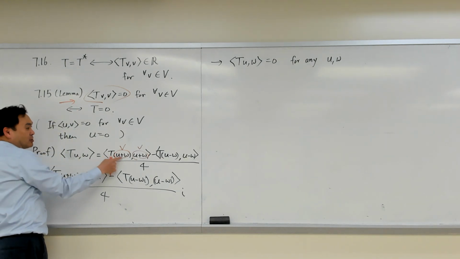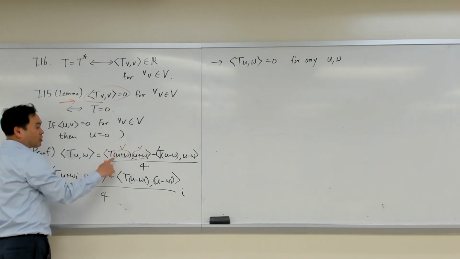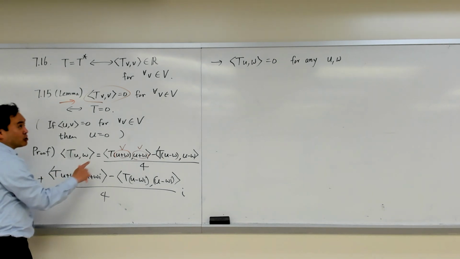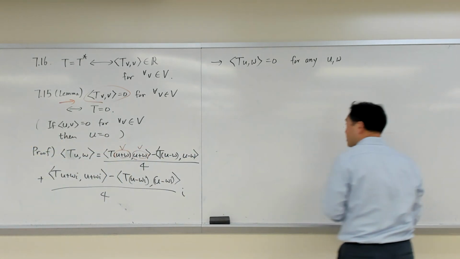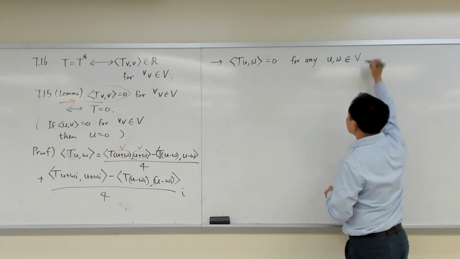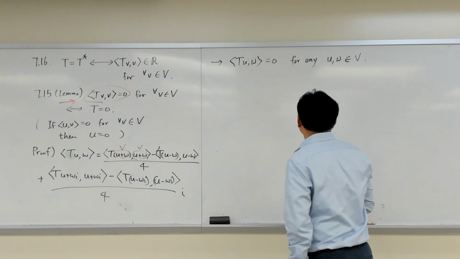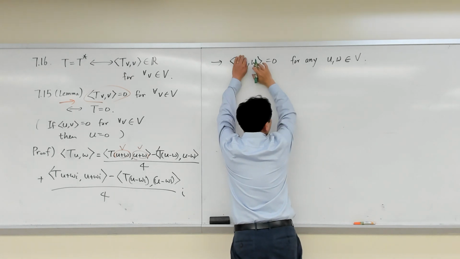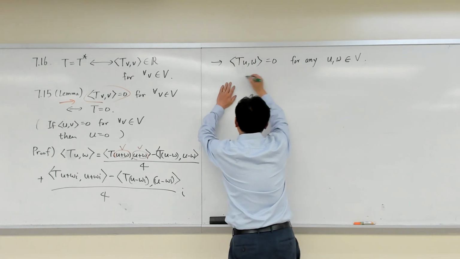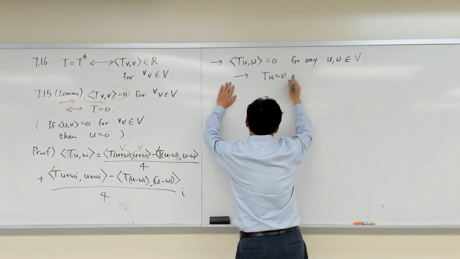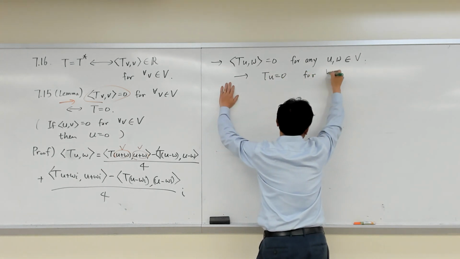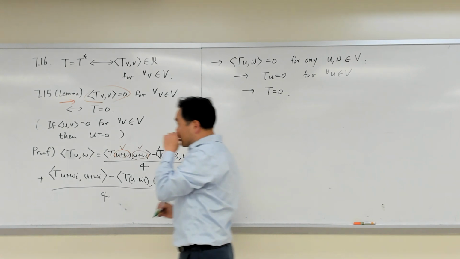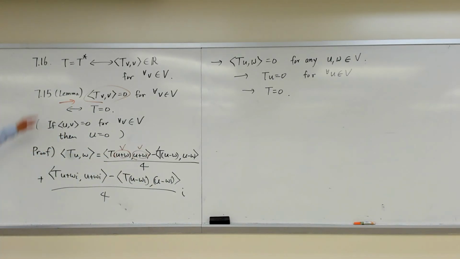So because these two are the same, this assumption allows us to say this is 0, that's 0, that's 0, that's 0. So we've shown that <Tu, w> is 0 for any u, w in V, right? But then, if you fix Tu and you let w be anything, that allows us to say that Tu is 0, right? But this is true for all u. So that means T is 0.